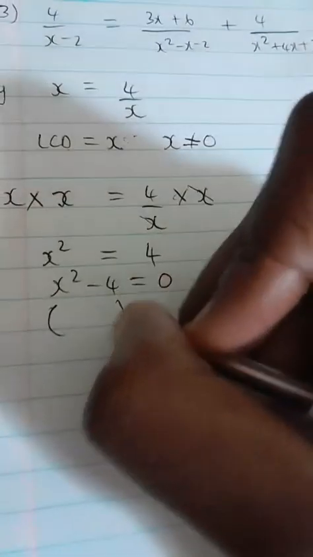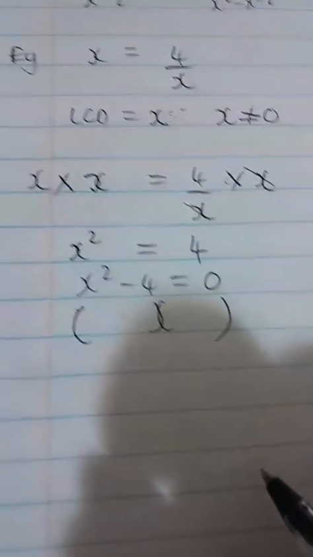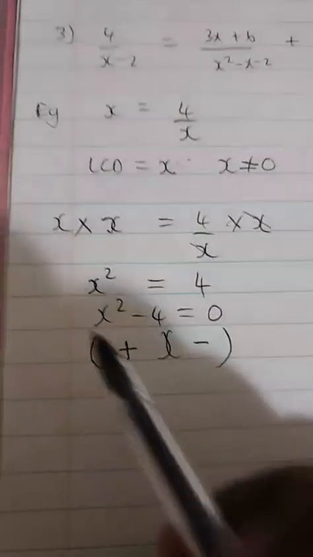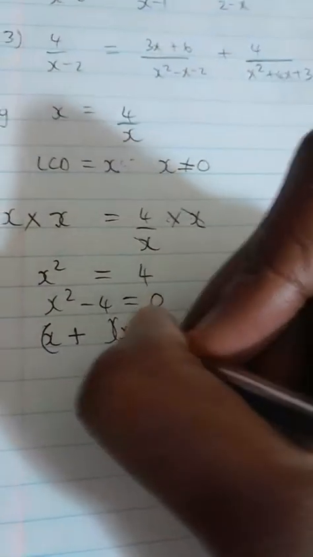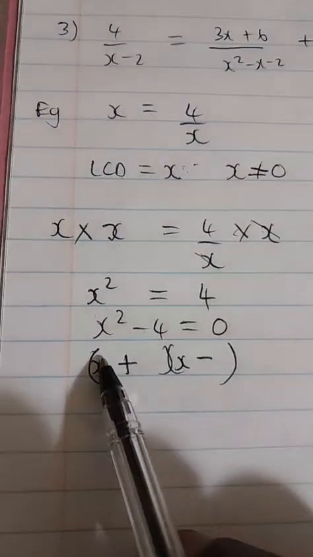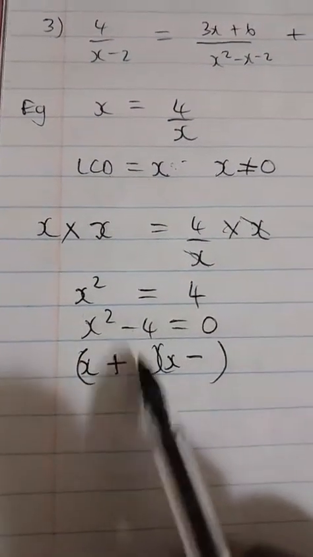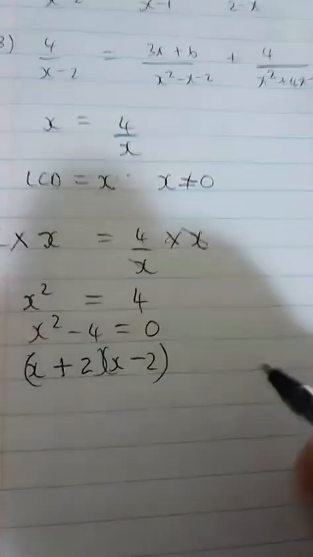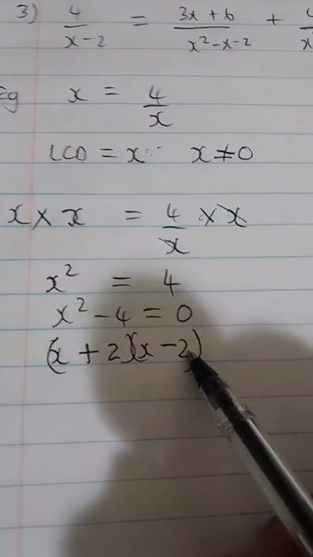What do we do with difference of two squares factorization? We open two brackets. One bracket will be positive, the other one will be negative. The square root of x squared gives us x, which will populate both the first and the second bracket in our first term place. Then the square root of 4 will give us 2, which we will populate in the second term of each bracket.